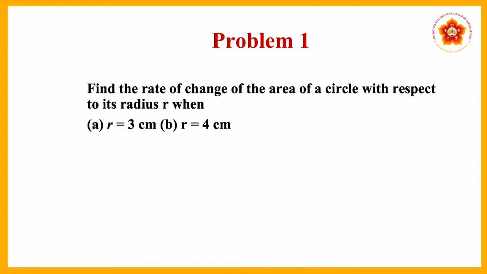So, let us begin with the first problem, which says find the rate of change of area of a circle. He is asking us to find out rate of change of area of circle with respect to the radius r when r is equal to 3 and r is equal to 4.